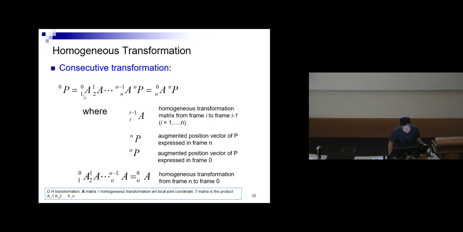When you multiply 0A1 up to n-1An, you essentially have a matrix 0An. This is known as your consecutive transformation because you have one transformation multiplied with the other. Finally, you have this 0An representing the homogeneous transformation from frame n to frame 0. So frame n with respect to frame 0.